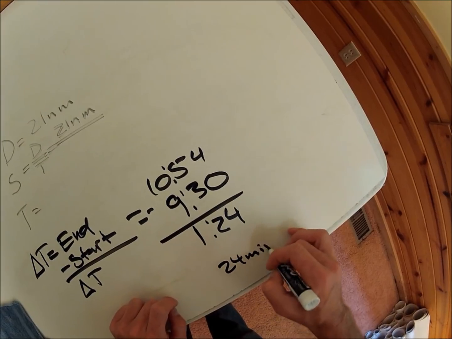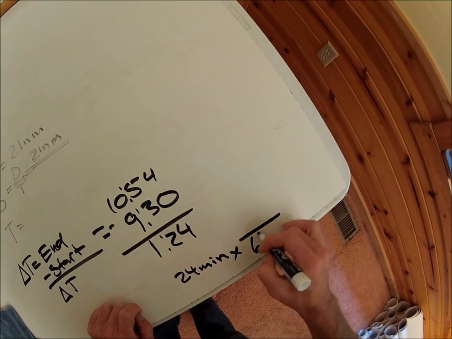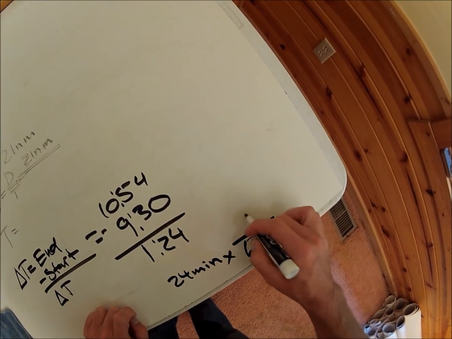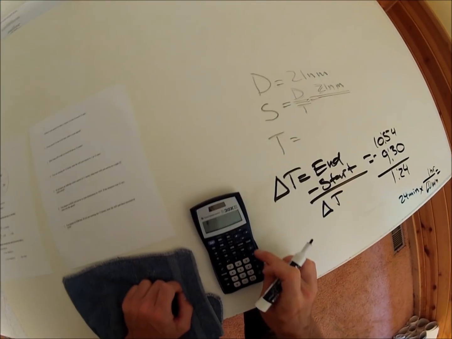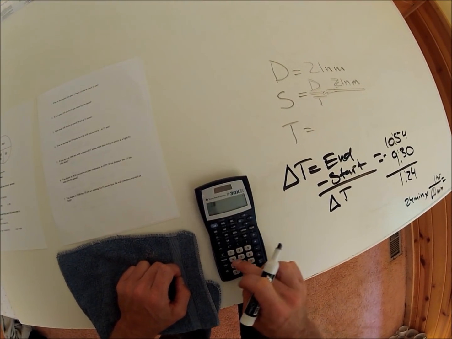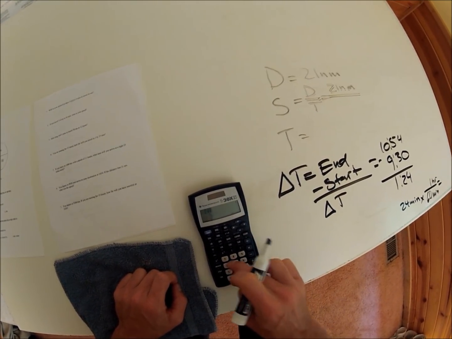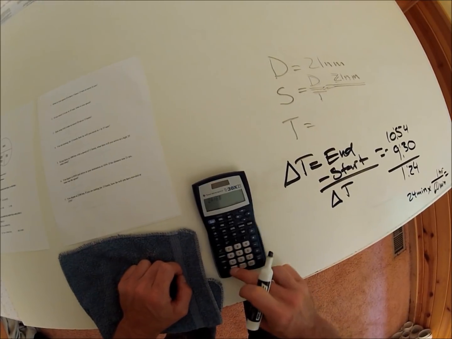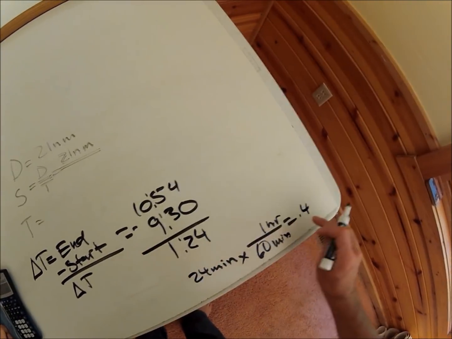24 minutes times minutes on the bottom. So just divide by 60 and you'll get hours. So 24 minutes divided by 60 equals 0.4. 1.4 hours.